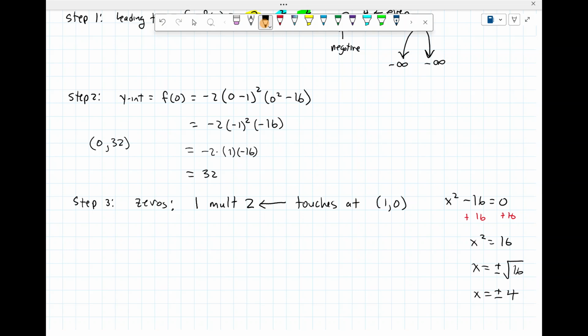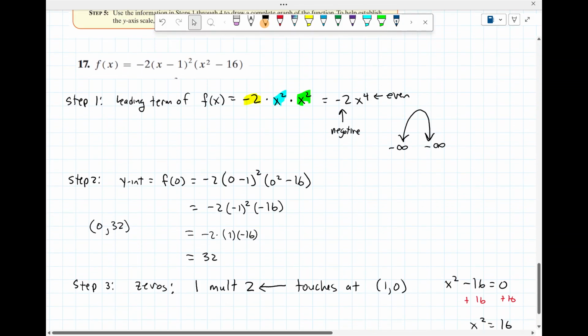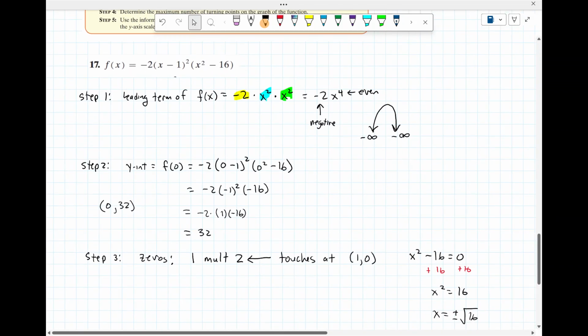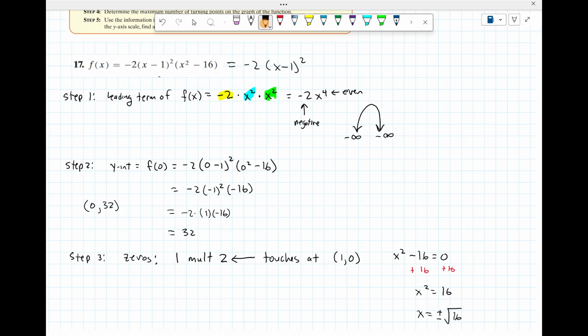Now, since we have these two zeros here, we can actually use these to factor out this equation more thoroughly. So I can replace x squared minus 16 with x plus 4 and x minus 4. And if you know the rule about the difference of squares, you could have done that immediately.